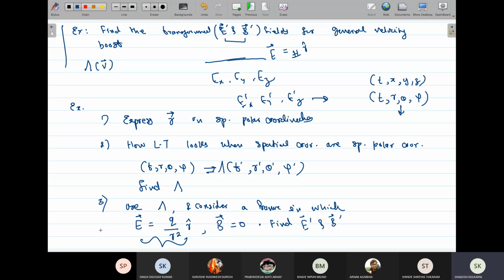So the important takeaway lesson is that there is no separate existence for electric and magnetic field, as far as special relativity is concerned.